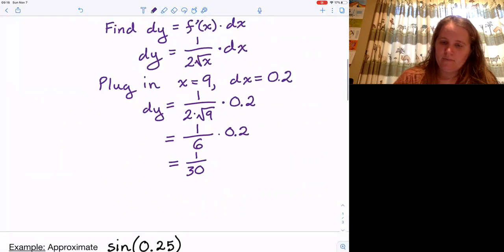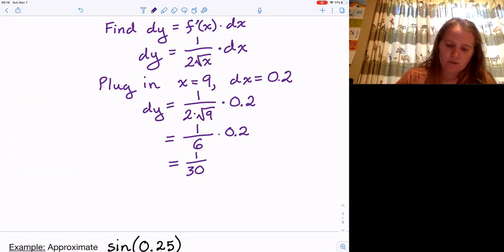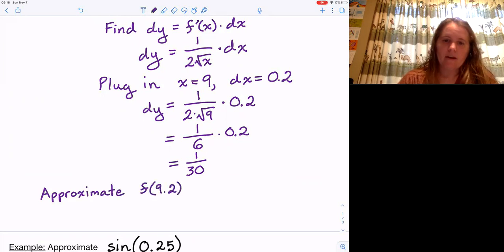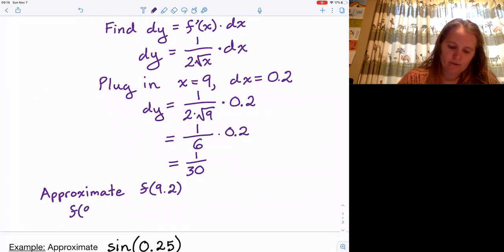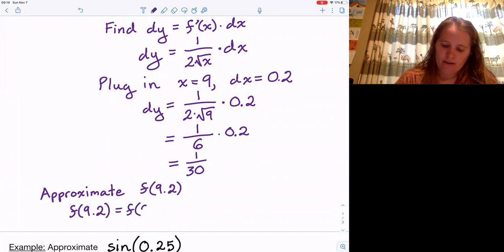From there, we can go ahead and approximate f of 9.2. And how we will do that is f of 9.2 will be equal to f of 9 plus the change in y, which is going to be approximately f of 9 plus dy.